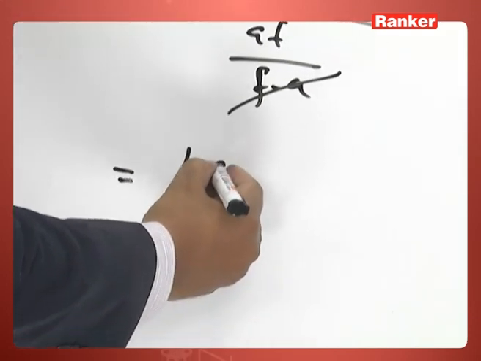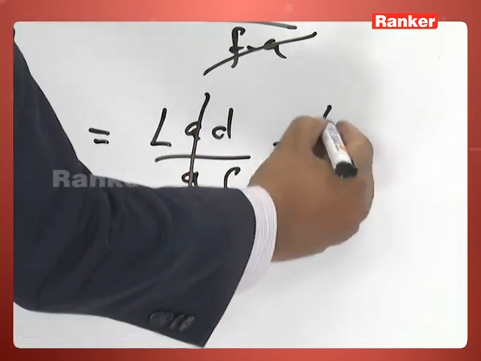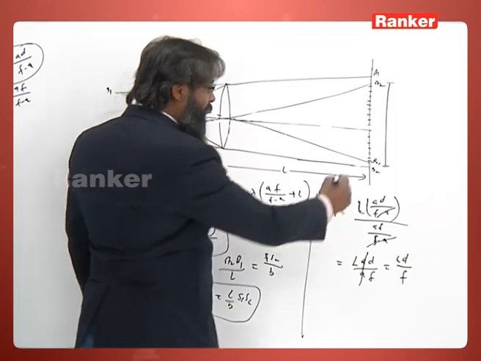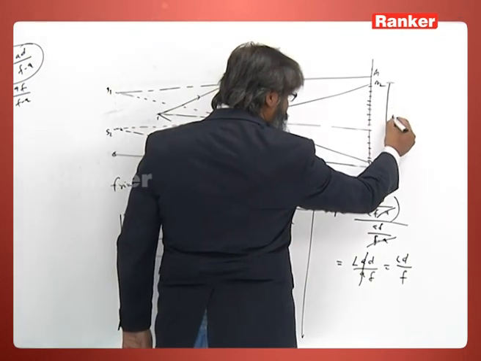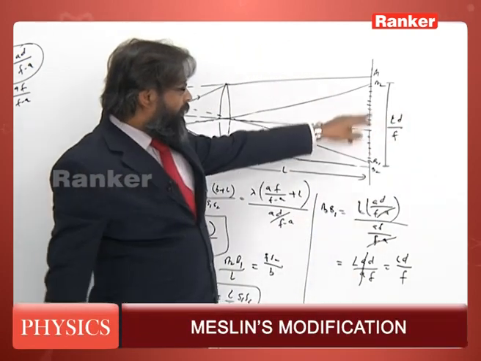So this L AD by AF, that is LD by F. This is A2B1. So I got this distance, LD by F.